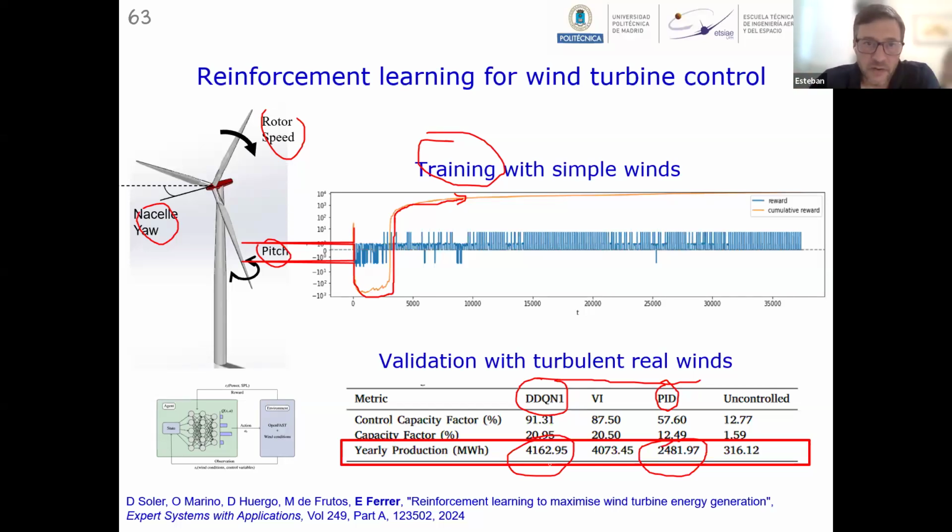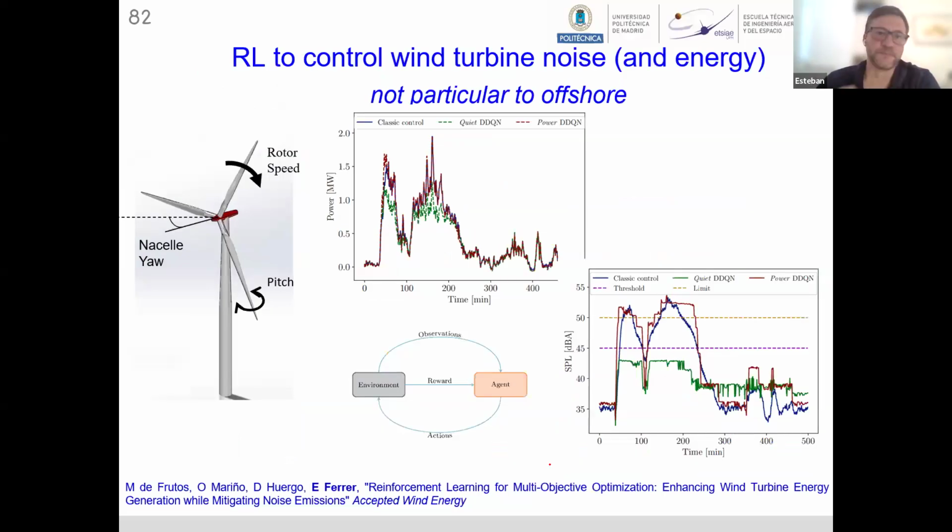We have also generalized that for energy and acoustics. Here we get rewards that link the power and the acoustics produced. What we see is that it tries to maximize power whilst keeping the acoustics limited.